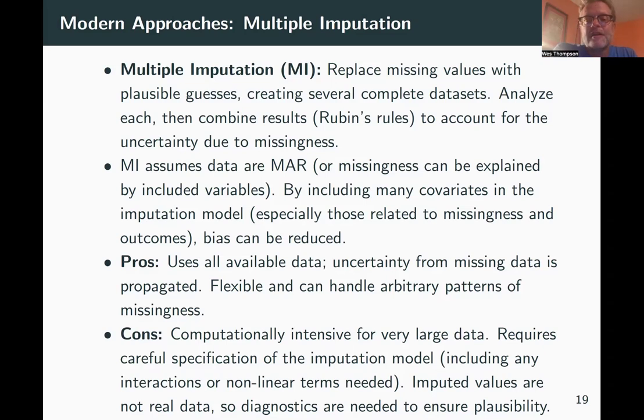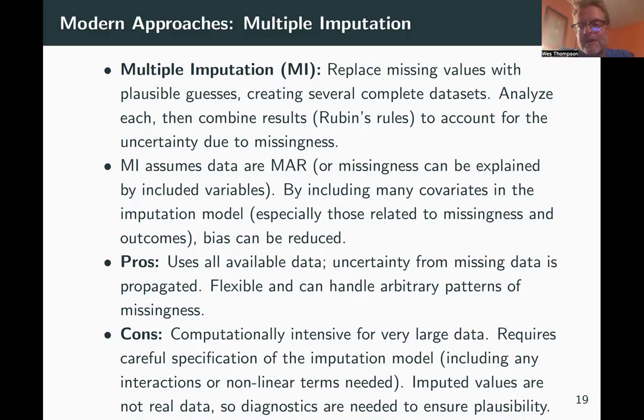Then you do the analyses and combine the results using what's called Rubin's rules. It basically takes an average and adds some kind of Monte Carlo component to the standard error estimates.